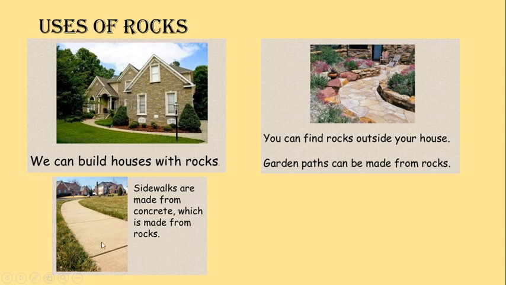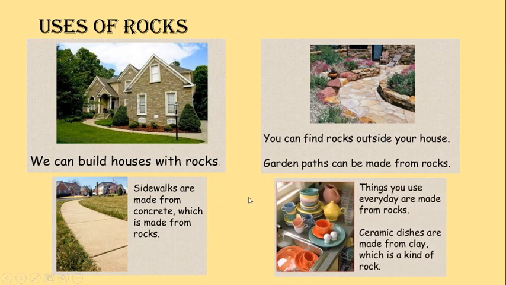Jadi batu juga bisa membuat jalan. And next, things you use every day are made from rocks. Ceramics are made from clay, which is a kind of rock. Jadi keramik atau benda-benda yang terbuat dari keramik itu juga sebenarnya berasal dari batu-batuan. Yeah, so there are so many uses of rocks.